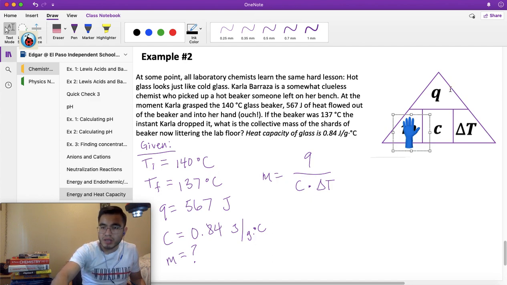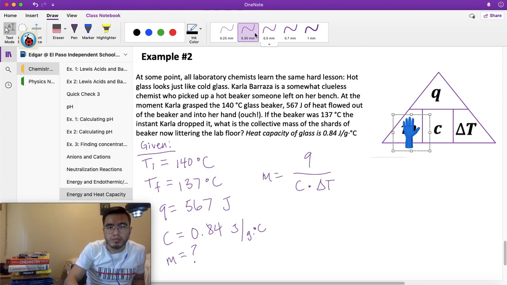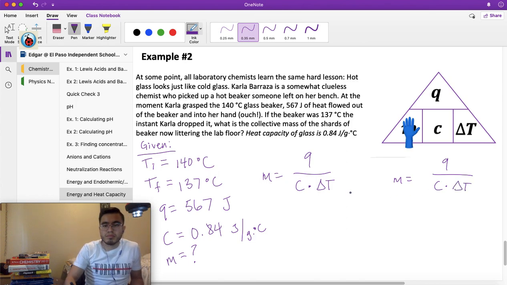If they are on top of each other, they're being divided. So top divided by bottom. If the bottoms are next to each other, they're being multiplied. So from this triangle, you would get this equation. Mass, because I'm covering the M, equals Q's on top divided by these two being multiplied together. And like my professor in college would say, surprise, surprise, you have the same equation. That's if you don't like algebra.